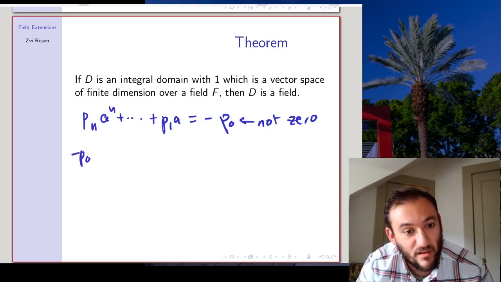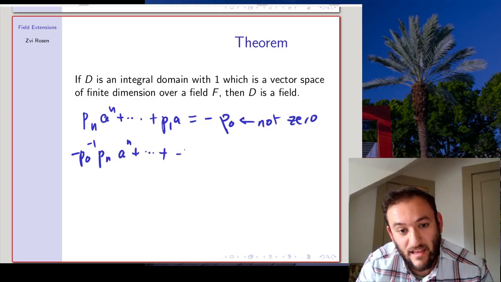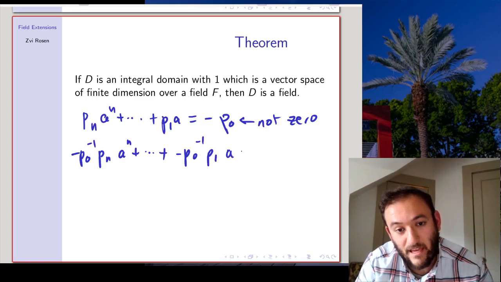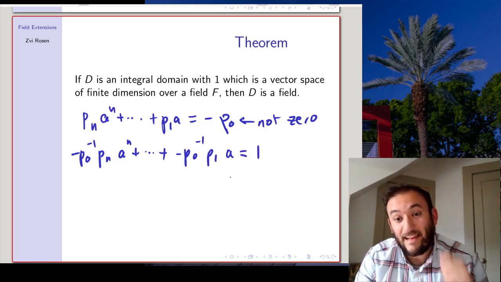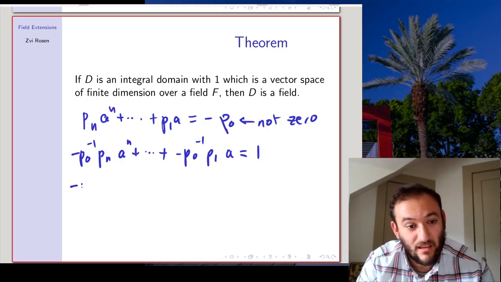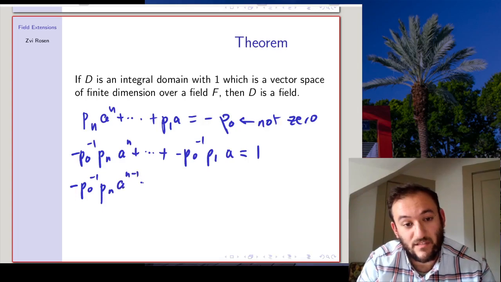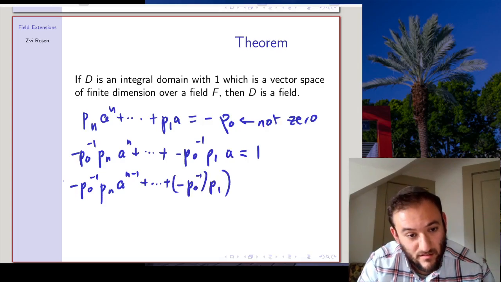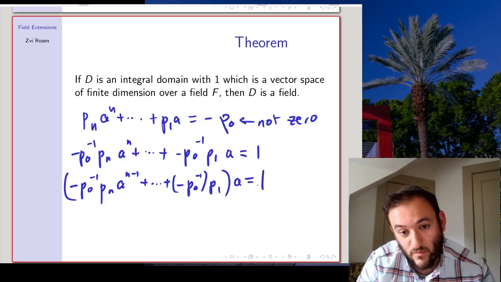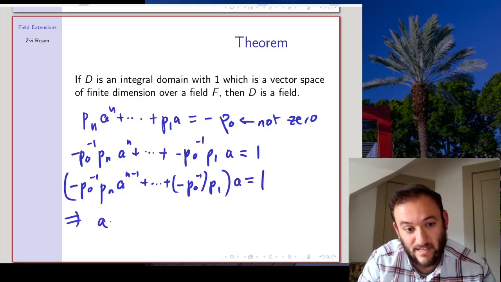And we get negative P_0 inverse P_n a to the n plus, etc., negative P_0 inverse P_1 a equals 1. And now we can factor out our a, and we get (negative P_0 inverse P_n a to the n minus 1 plus down to negative P_0 inverse P_1) times a equals 1, which means a has an inverse. a inverse exists.